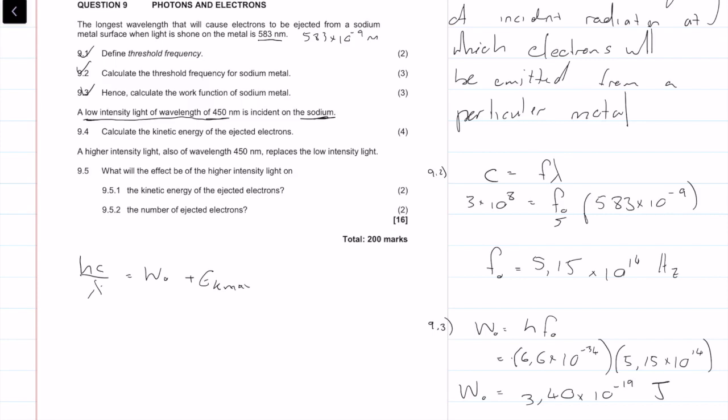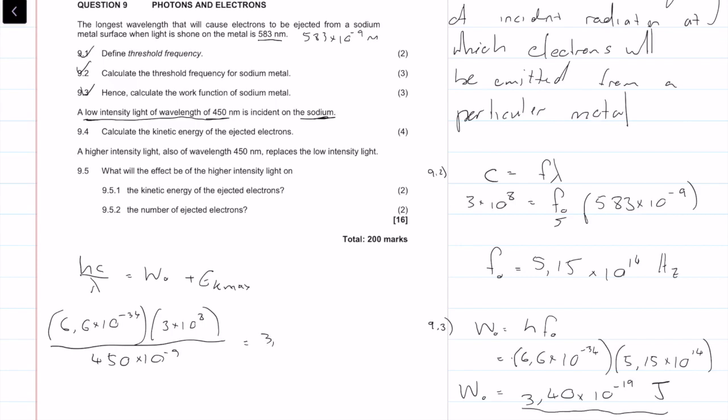Okay, so we know h is our Planck's constant, which is 6.6 times 10 to the minus 34. c is our speed of light, which is 3 times 10 to the 8, over lambda, which is our 450 times 10 to the minus 9, is equal to our work function that we already calculated there, 3.4 times 10 to the minus 19, plus our Ek max.